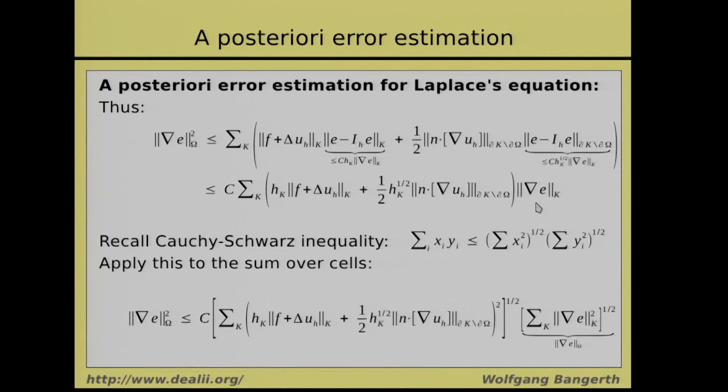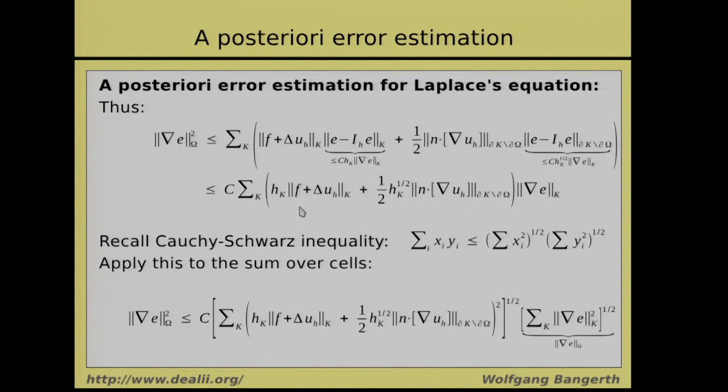And then I'm going to use the Cauchy-Schwarz inequality, this time for vectors, or for sums, that says if I have a sum of x_i y_i, then this is less than or equal to the square root of the sum of x_i squared times the square root of the sum of y_i squared. That's really just the dot product of vectors x and y being less than the length of x times the length of y, right? But I'm going to apply this to the sum that I have over here.